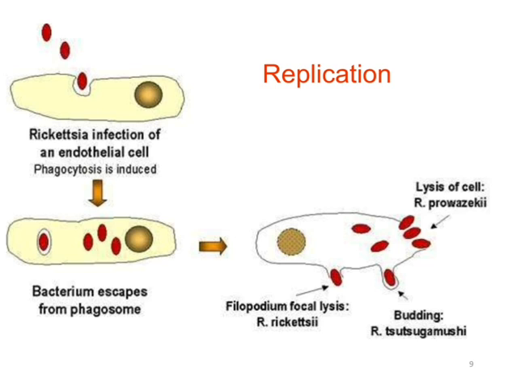Automatically, phagocytosis is induced. So phagocytosis occurs and the bacteria enter inside the cell. This bacteria escapes from the phagosome.